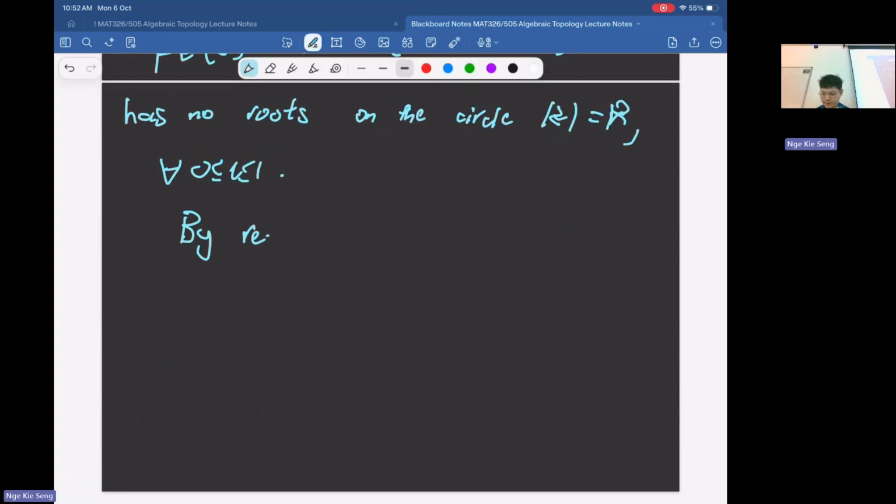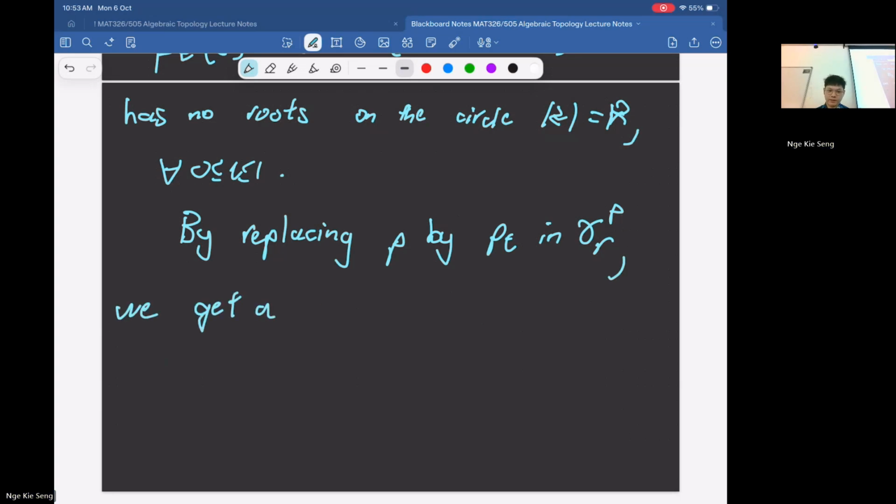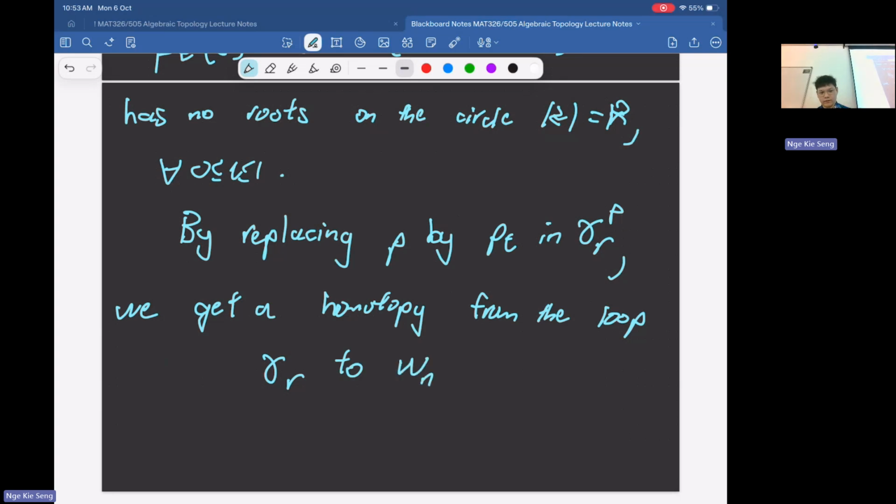By replacing P by P_t in gamma R of P, we get a homotopy from the loop gamma R to the loop of gamma n.